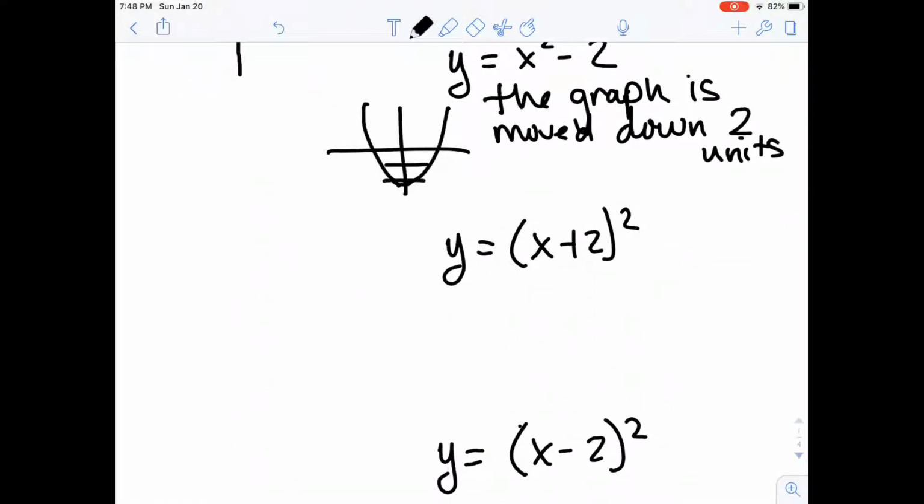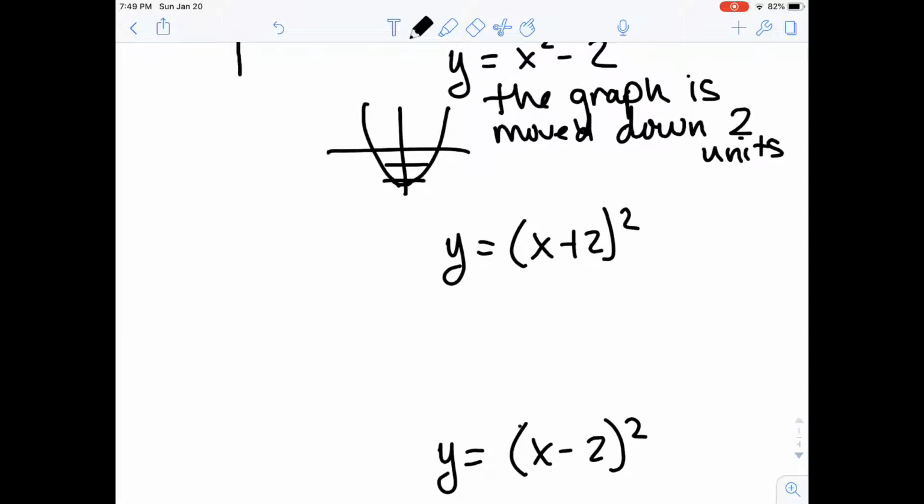Now, where it starts getting kind of wonky, and I use that phrase with all my students, it gets weird, is when you start adding plus or minus numbers on the inside, with your x, and it's squared. These next two equations are going to start moving your graph left and right.